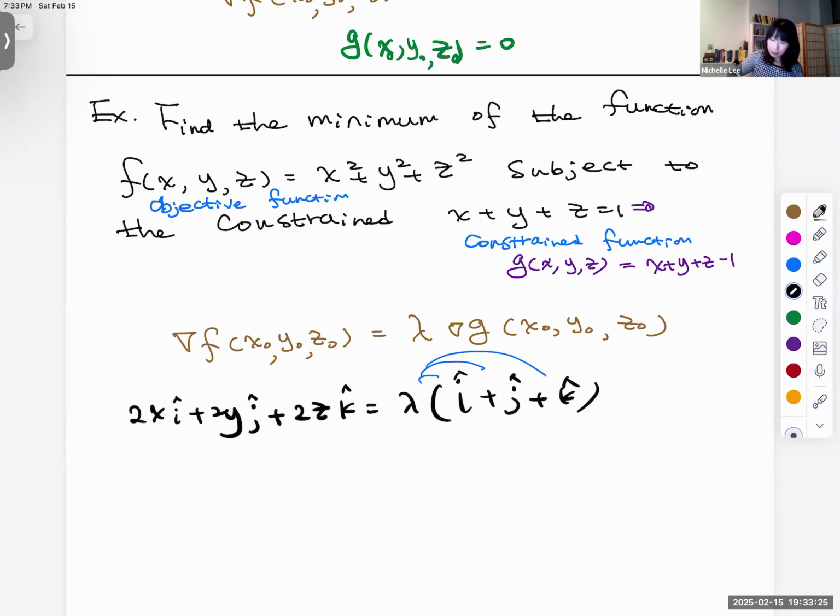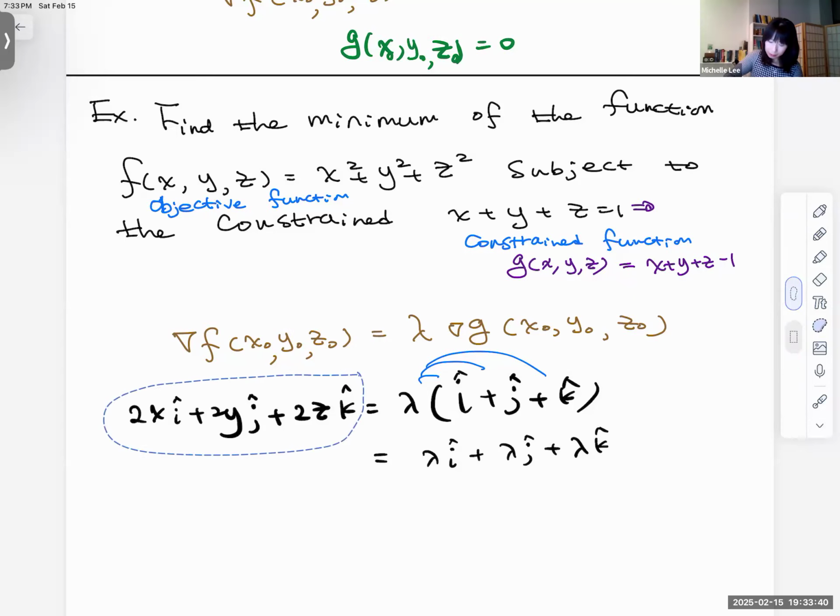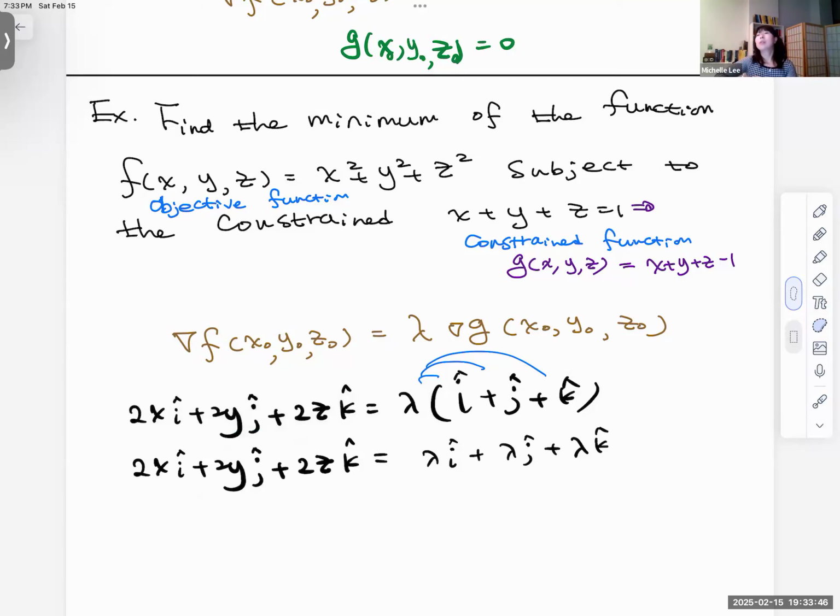All right, let's distribute. So on the right side we have lambda i hat plus lambda j hat plus lambda k hat. Let me copy the left side. Now, what is the corresponding left and right?